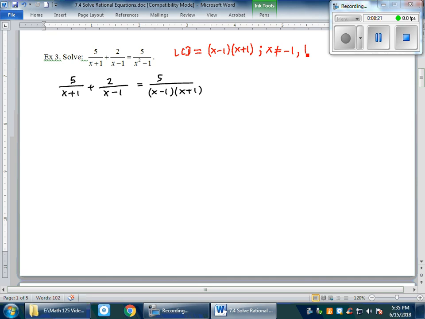Both negative 1 and 1 are also the restrictions for the fractions on the right hand side. So now we've got a least common denominator as well as the restrictions. The next step will be multiplying the left hand side by the LCD and the right hand side by the LCD, to clear the fractions.